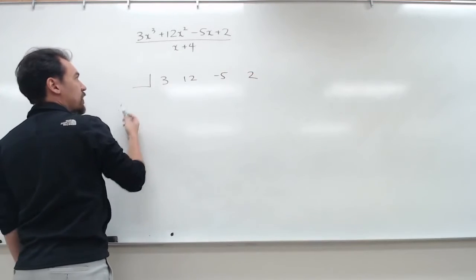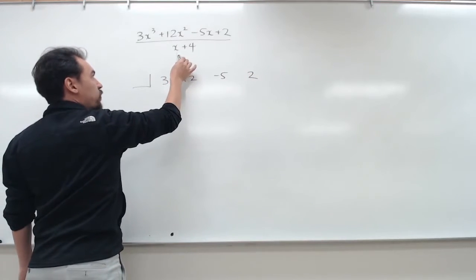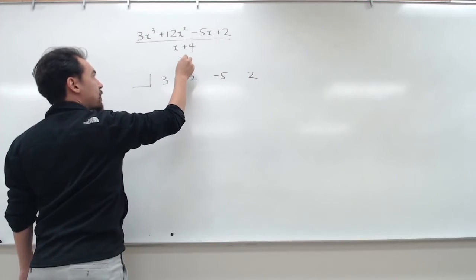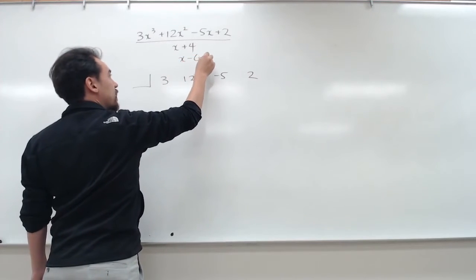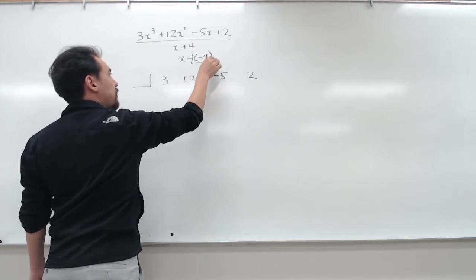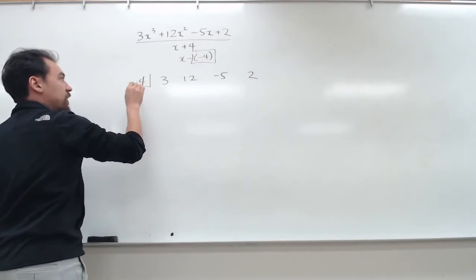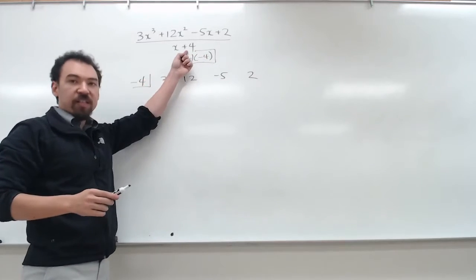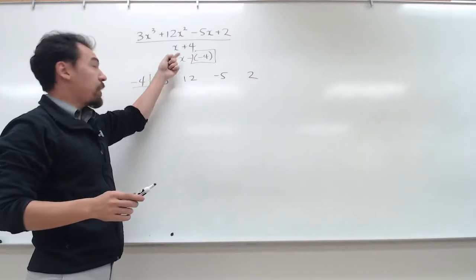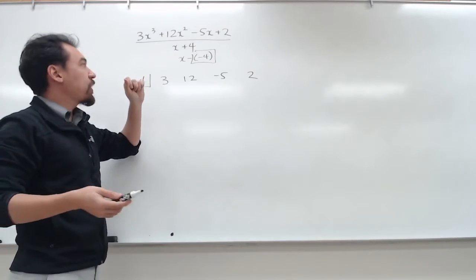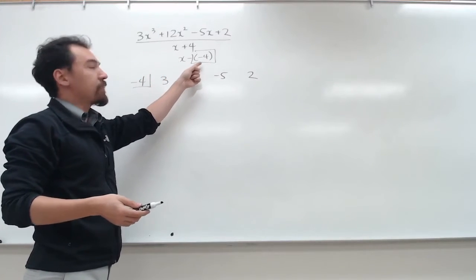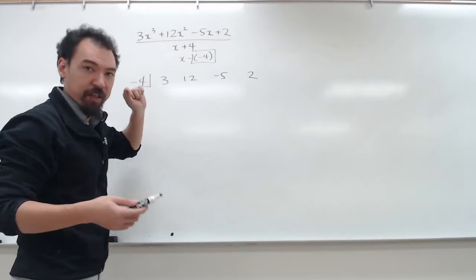In the box, we can rewrite this as x minus negative 4. So negative 4 is what goes in the box. And you can think of this as, switch the sign, or as the number that makes the denominator 0, or you can think about it as x minus the number, which is probably the most technical way of thinking about it.